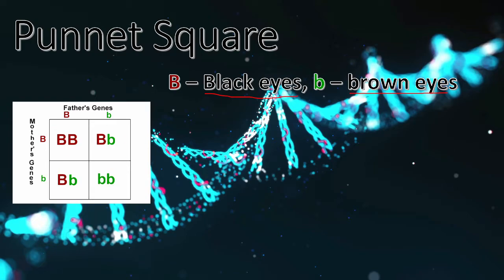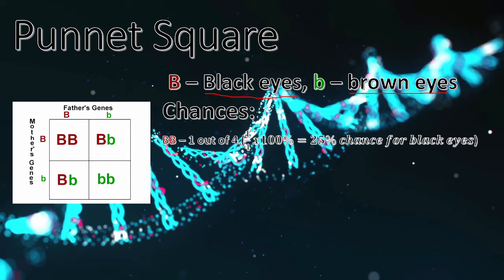As you can see in this square, you will have your chances, the possible results. We have 1 out of 4 chances or possibilities that you will have both capital letters. If you calculate it, it's 1/4 times 100%, which gives us a 25% chance of having black eyes.